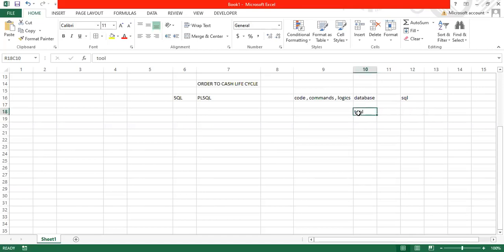So for writing any command, for every technology, if I have to write logic or code, we need a special tool which supports our command, a tool which understands my logic. If I come to a technology like, for example, Java, the desired tool will understand the code that I'm writing.